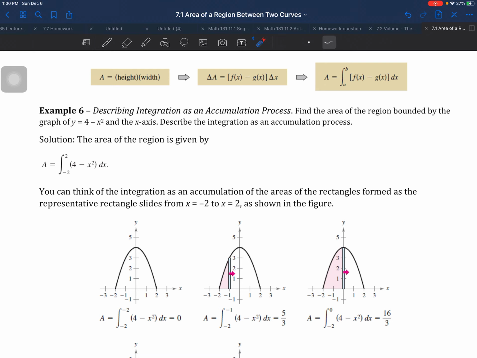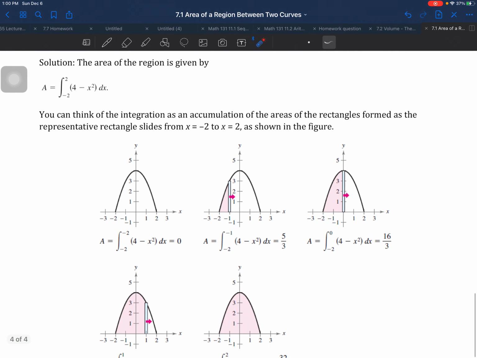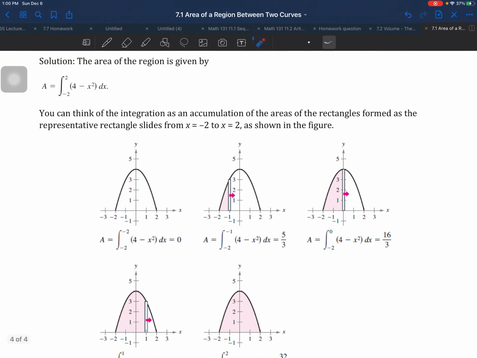So the way I want you guys to start thinking about this is the idea of an accumulation of area. If you think about it, what you're doing is finding the area of one rectangle, and then sweeping this around for your delta x, right?